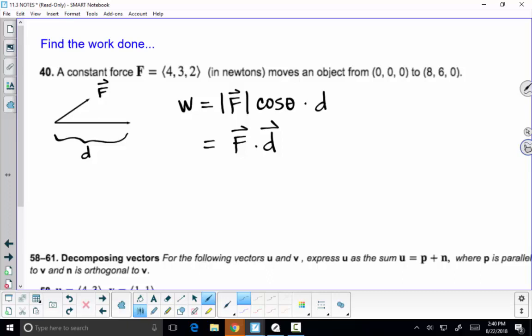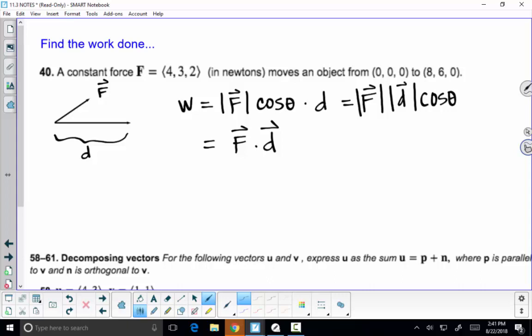Do you agree? Isn't this the same thing as the length of f times d? And d without the vector means a distance. D with the vector means the vector d. But the length of vector d is d, so we could write it this way. And that's just f dot d. Then we don't have to deal with theta again.